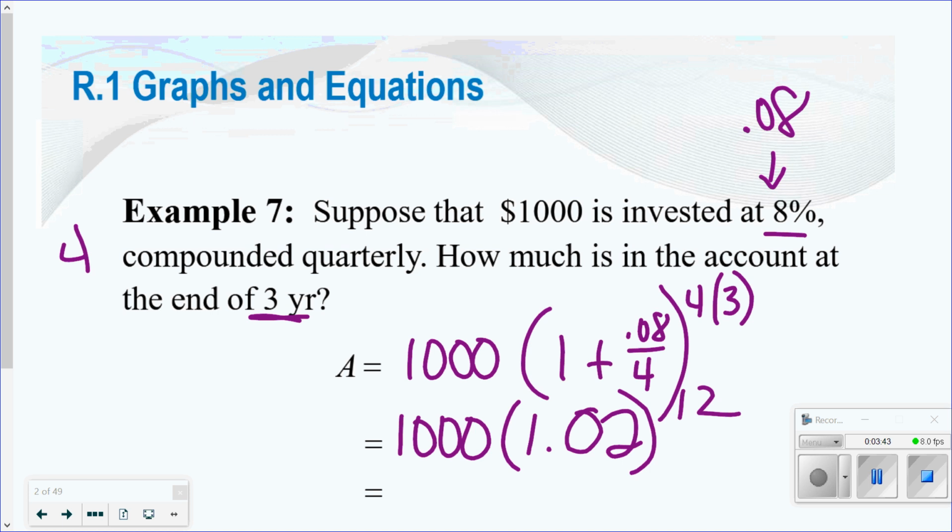Let's see what that is. Which gives us $1,268.24. Okay, so that would be the total in the account at the end of 3 years.